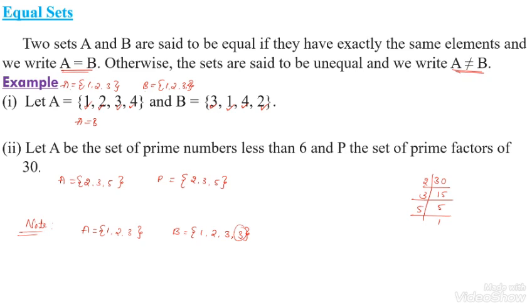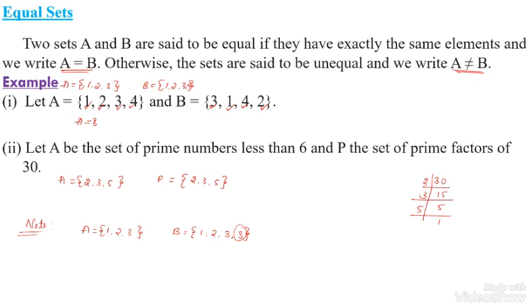According to set theory it is not written like that, but sometimes when they write 1, 2, 3, 3, it represents only one 3. These are also equal sets, since each element of A is in B as well as vice versa. That's why we generally do not repeat any element in describing a set.